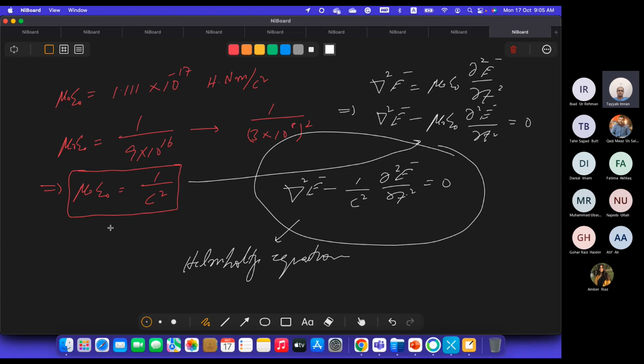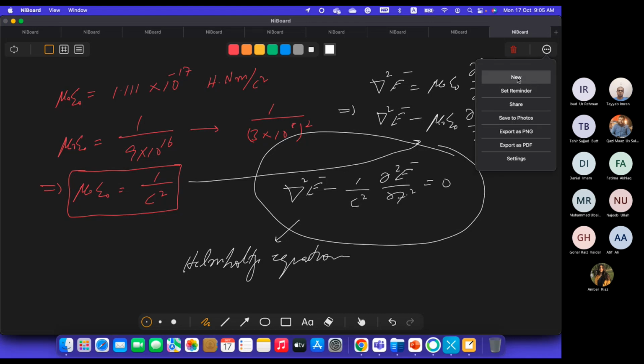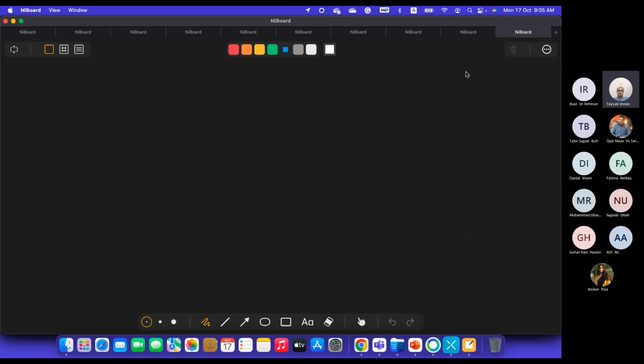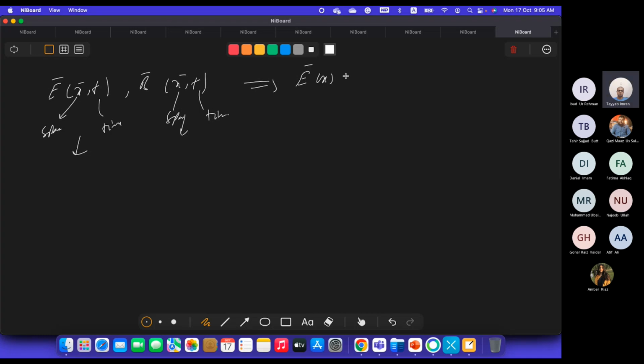We know already कि हमारे पास we consider E(x,t), ठीक है, और B(x,t), ठीक है. ये आपके पास है स्पेस, ये आपके पास है टाइम. और हमने, if you remember, we separated the time and the space components, so it was written like e^(−iωt), for both electric and magnetic field.